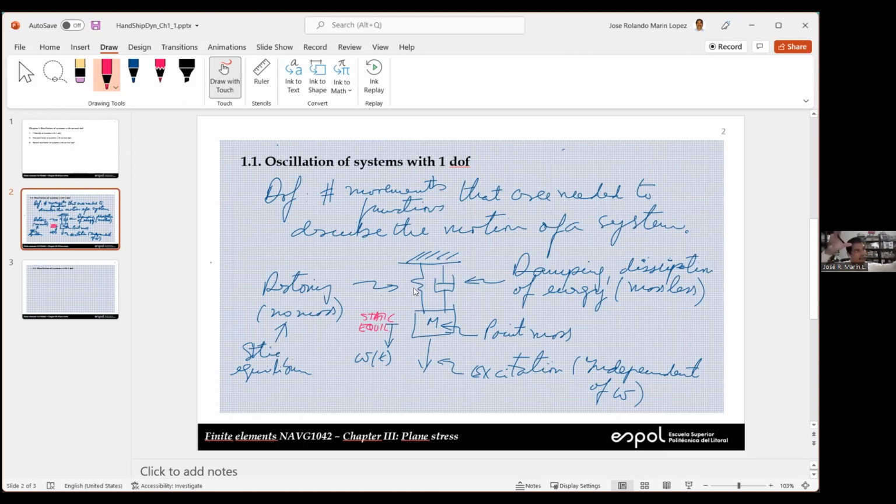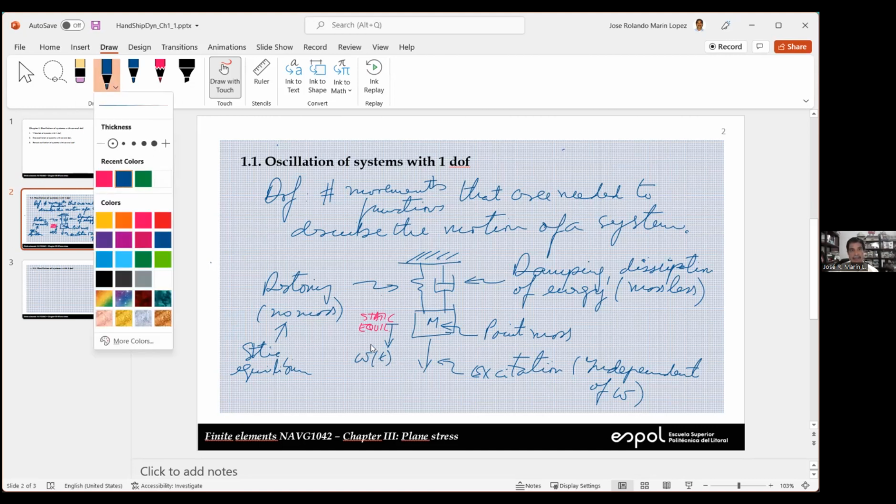When you put a ship on the water, it reaches its draft until it finds the static position. And from there, you can start considering that it can move vertically, but that vertical motion is measured from the static equilibrium position. Okay? So that's W, and this is what we're going to be calculating in this class.